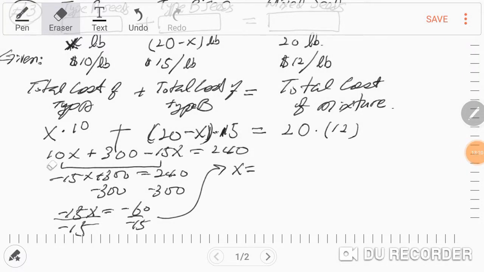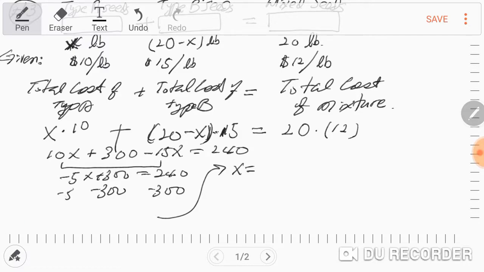This should be 10X minus 15X is negative 5X. Right, negative 5X. Okay.